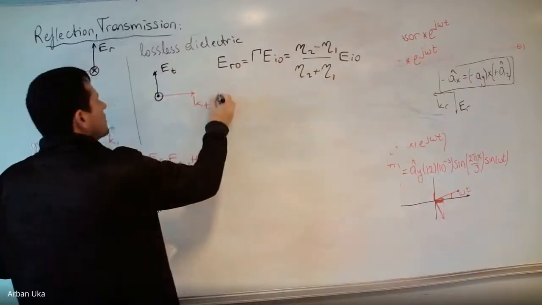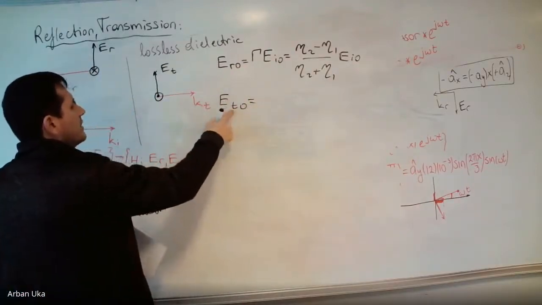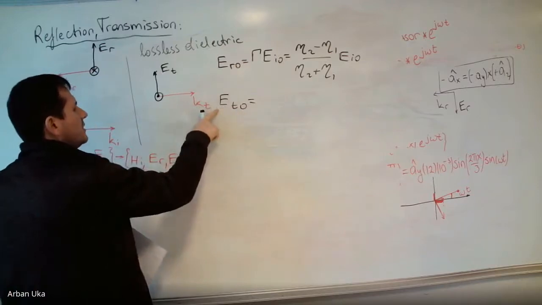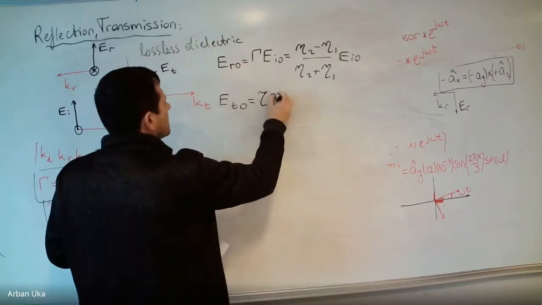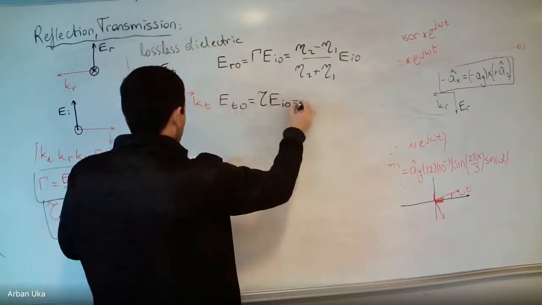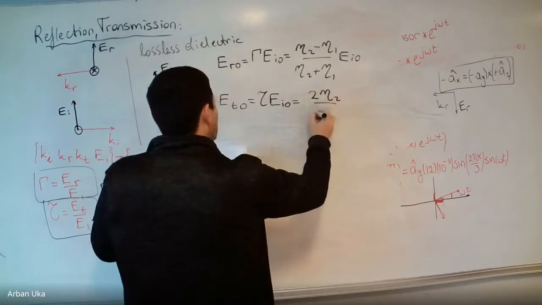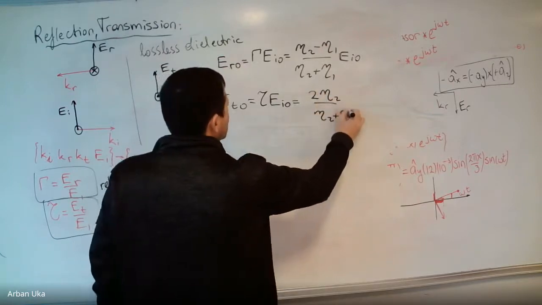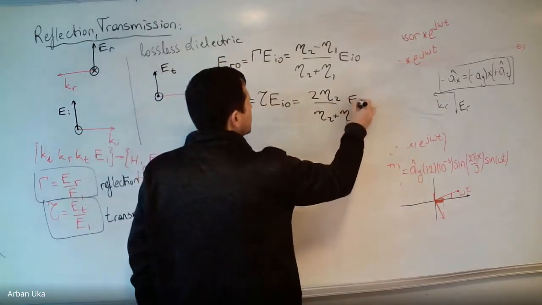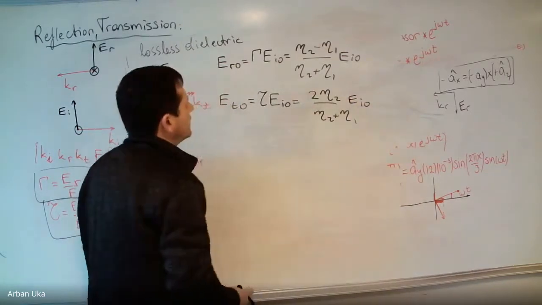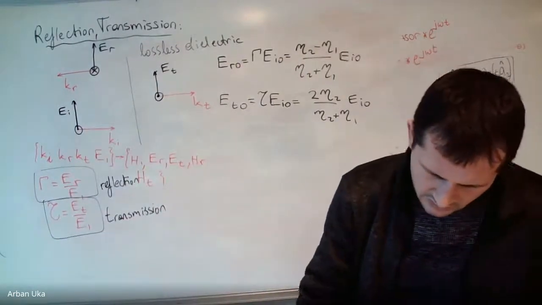This was the reflection coefficient. And the transmitted wave electric field intensity is going to be equal to tau times EI0, which equals 2 eta 2 over the summation of the intrinsic impedances of the two different mediums, times EI0. So here we have the reflection and the transmission wave components.